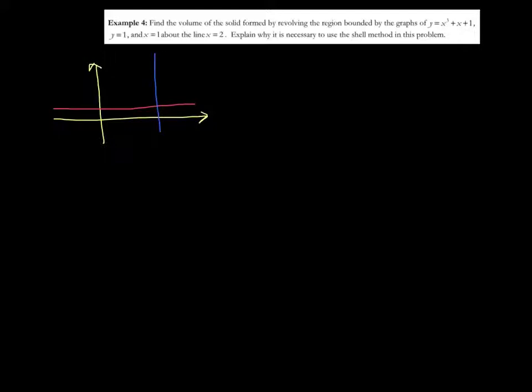All right, and we're wrapping it around some other line. So this is really complicated. We're going to wrap it around some other line, x equals 2. So this is the x equals 2 line, and this is the x equals 1 line, and this is y equals 1 right here.